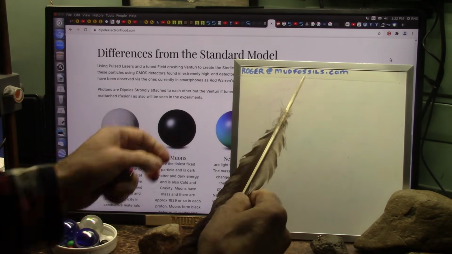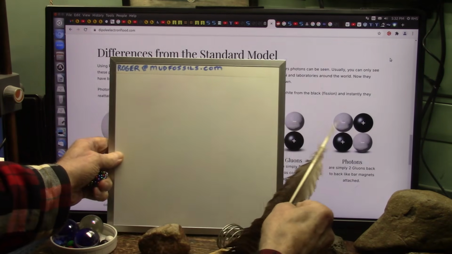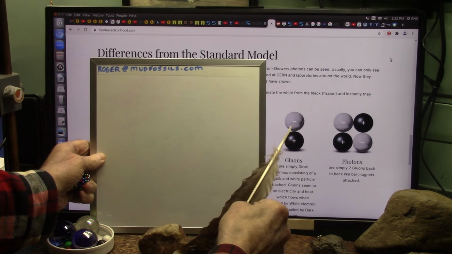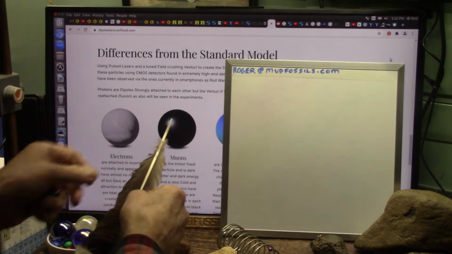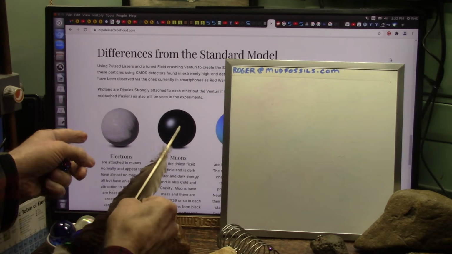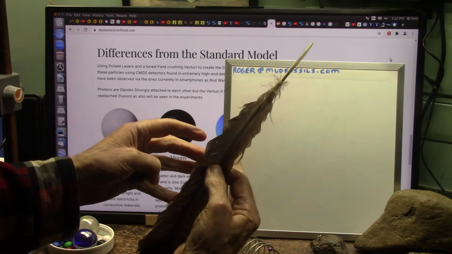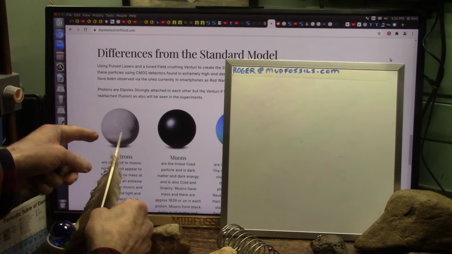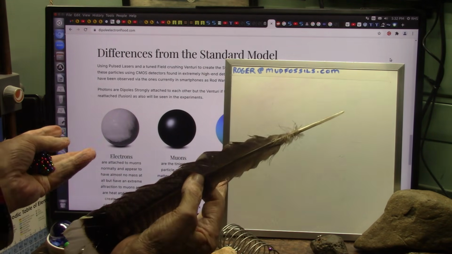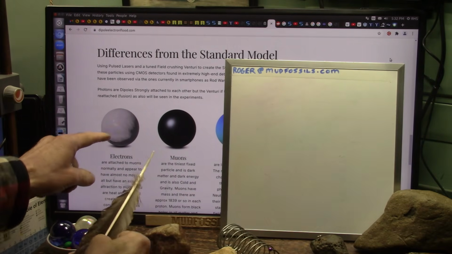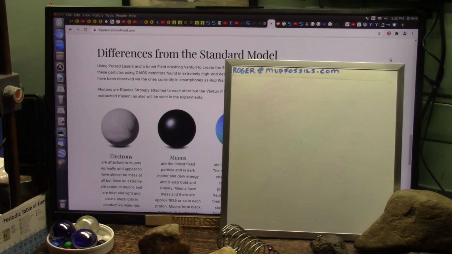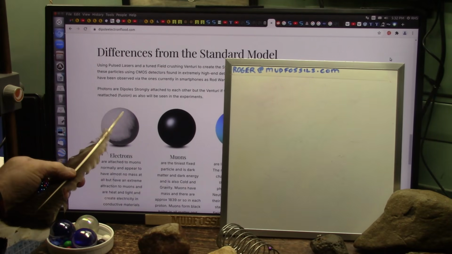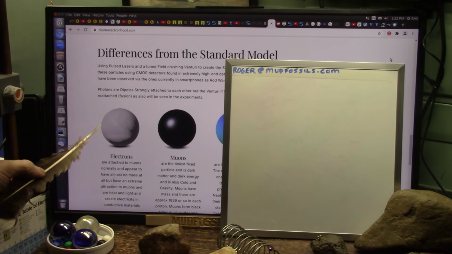All right, I showed you we got photons, we got the gluons, which are the dipole electrons, and then we've got them separated into the muons, which are just dark matter, and the electrons, which is the really glowy, energetic part, but it has no mass. That has all the mass, that has no mass. I mean, literally almost nothing whatsoever.